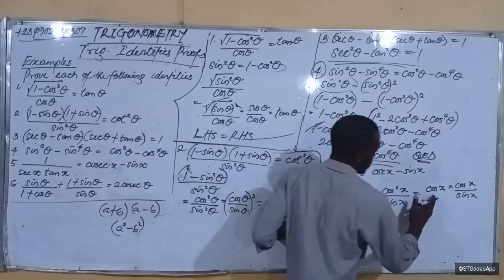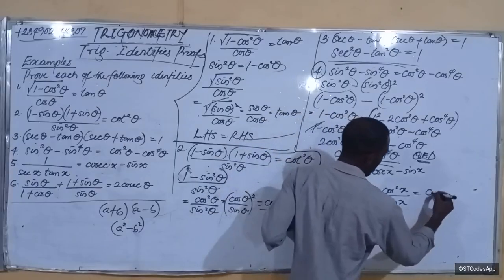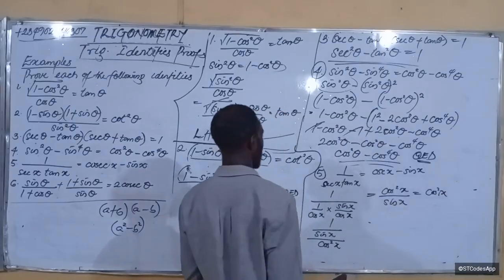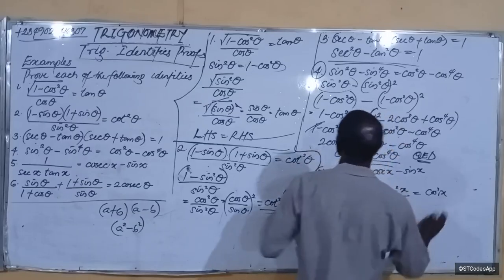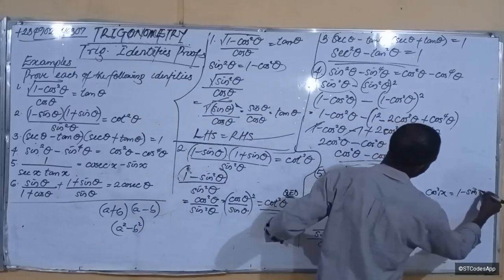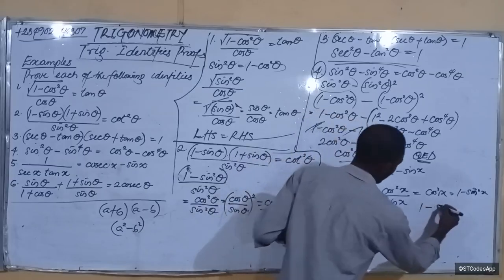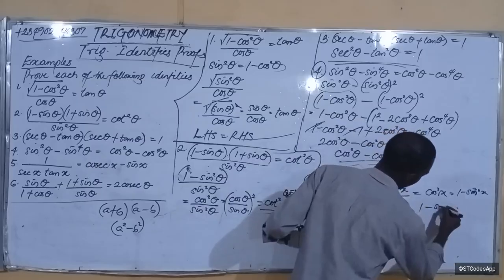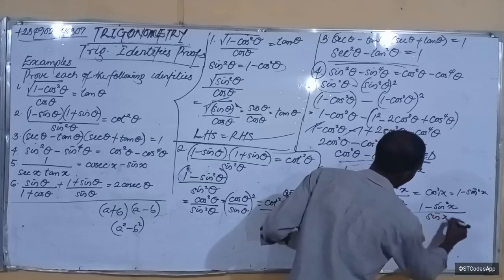So from here, let's rewrite this like this. That cos squared x will be equal to, remember that cos squared x is equal to 1 minus sine squared x, right? So I can rewrite this as 1 minus sine squared x over sine x.